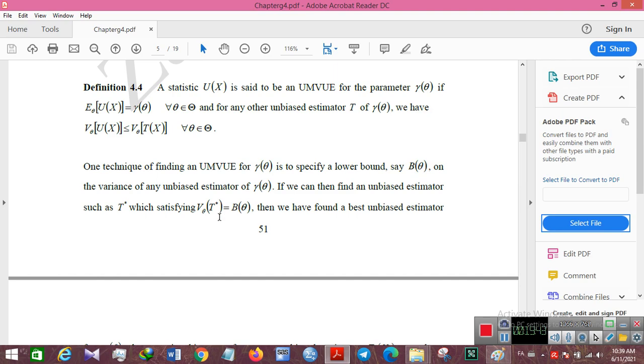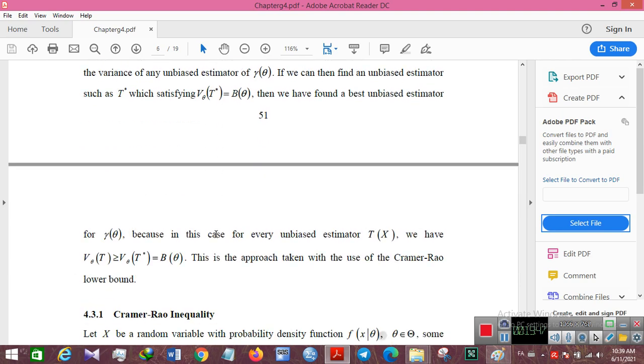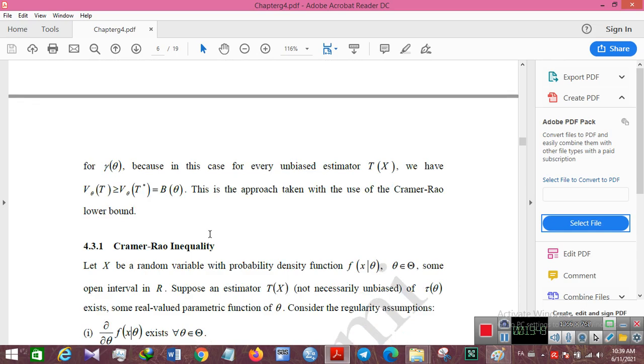This lower bound is called the Cramer-Rao lower bound.